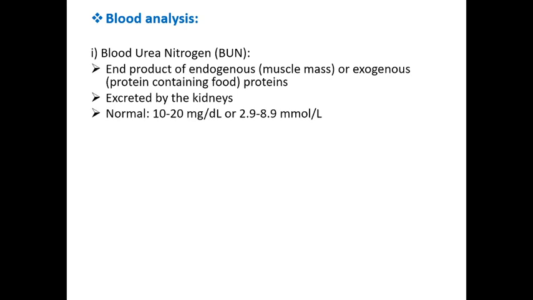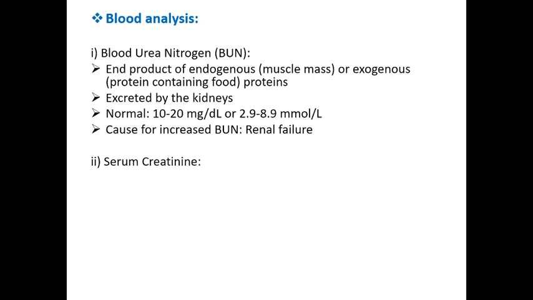So this urea needs to be excreted by the kidneys. The normal urea level is 10 to 20 milligrams per deciliter or 2.9 to 8.9 millimoles per liter. If it is increased above this level, it is suggestive of renal failure.